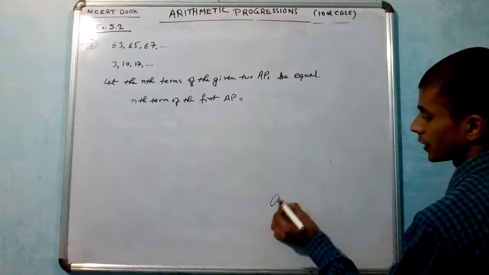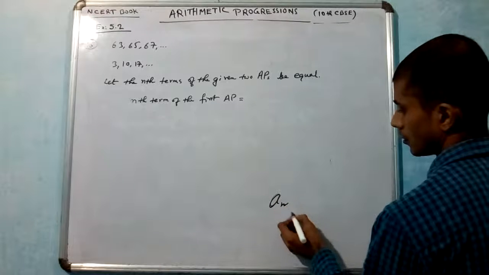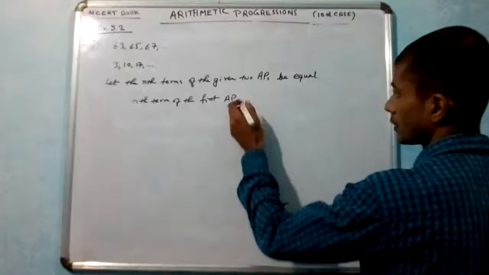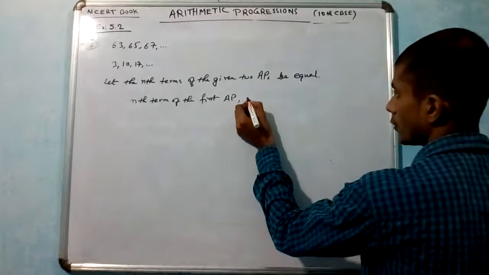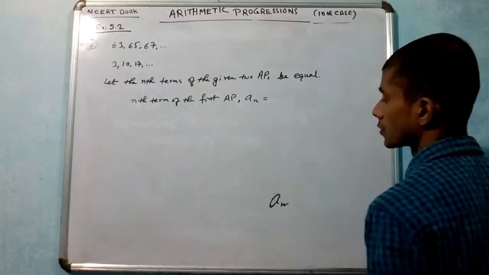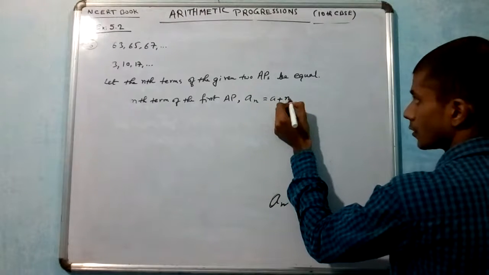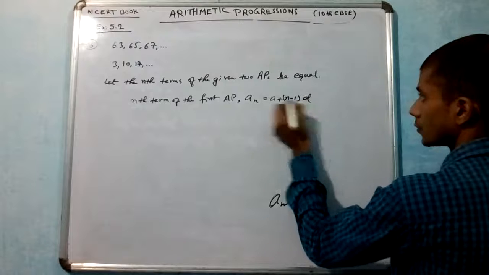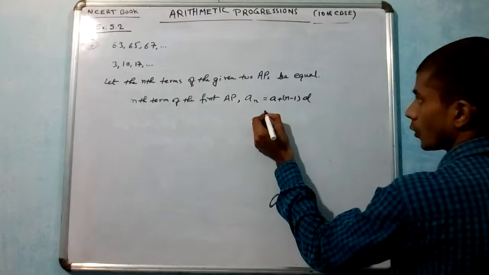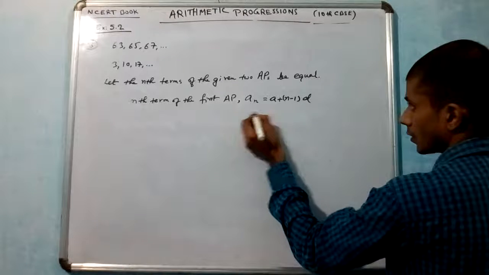Let it be an, okay? Nth term means a plus n minus 1 into d. What is this a?